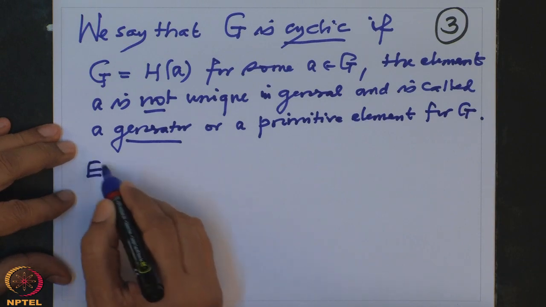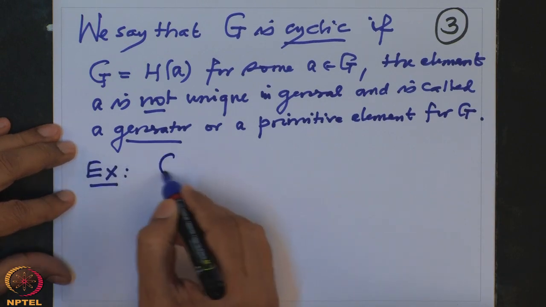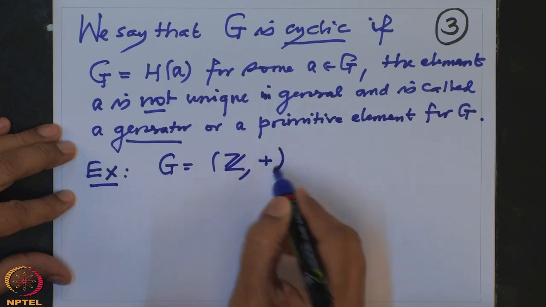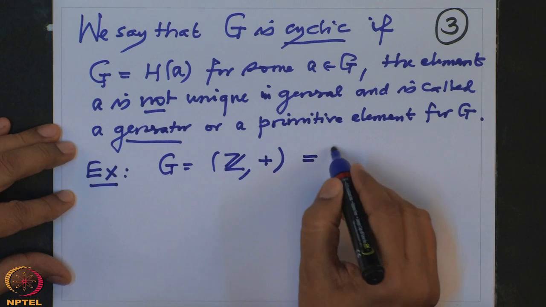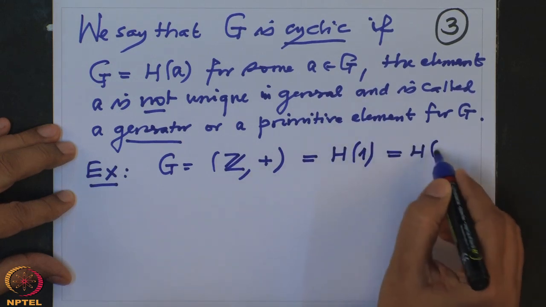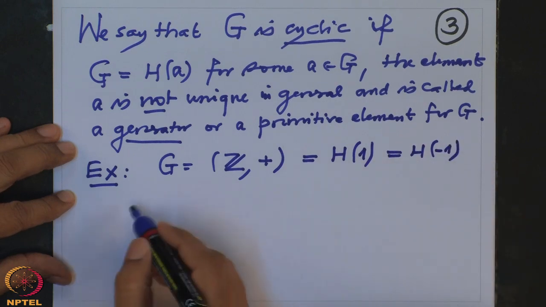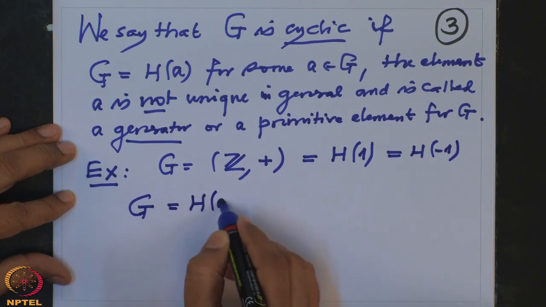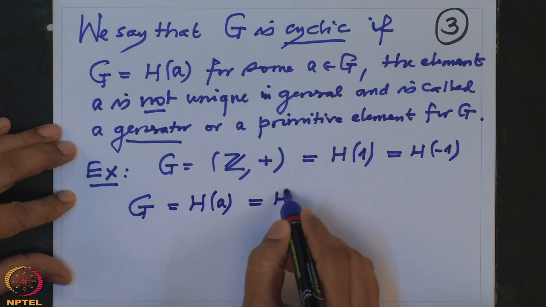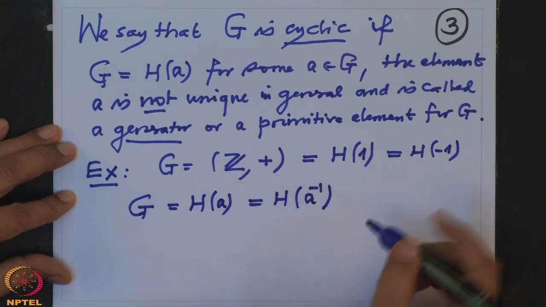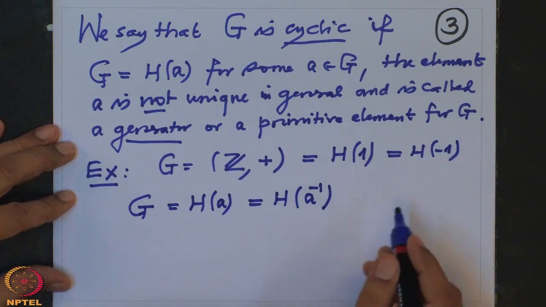For example, if G is the group Z plus, then G is generated by 1, also generated by minus 1. More generally, if G is an arbitrary group generated by A, then G is also generated by A inverse. This is multiplicative notation and this is additive notation. Okay.